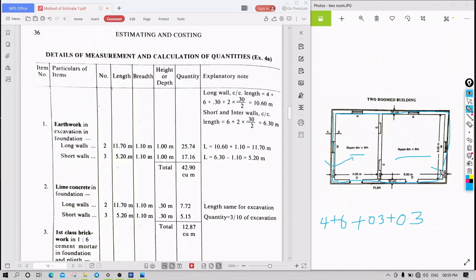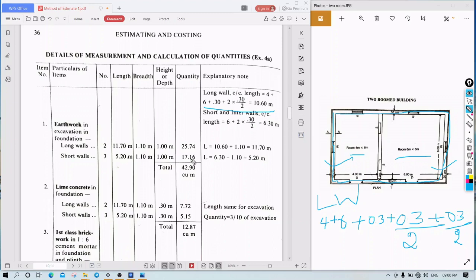Or I can take 0.3 by 2 plus 0.3 by 2. This is the center line length of the long wall. 4 plus 6 is 10, 10 plus 0.3 is 10.3, plus 0.3, 10.6. So the long wall center to center length is 10.6.